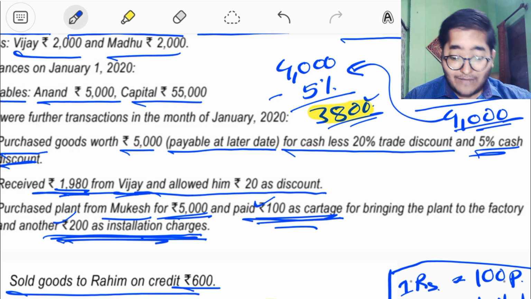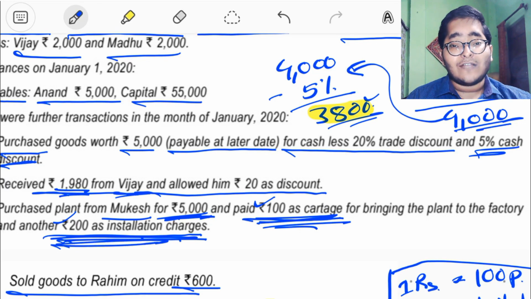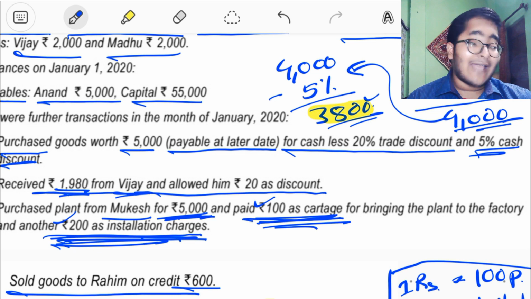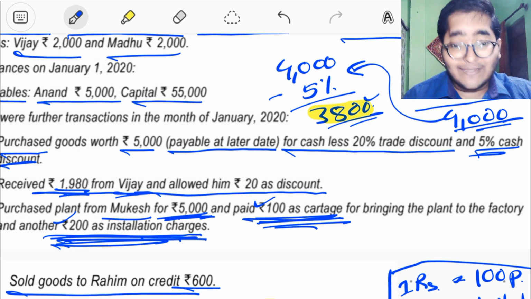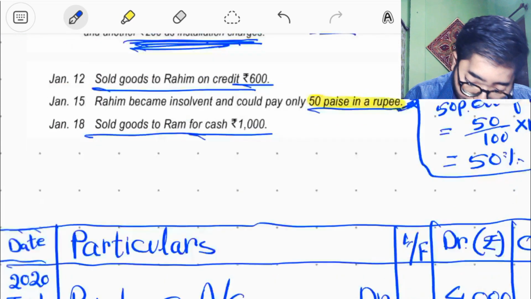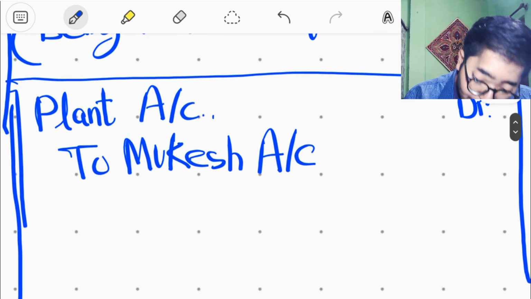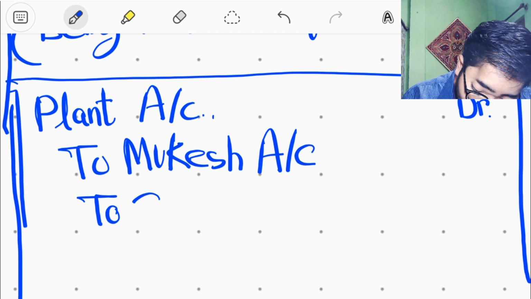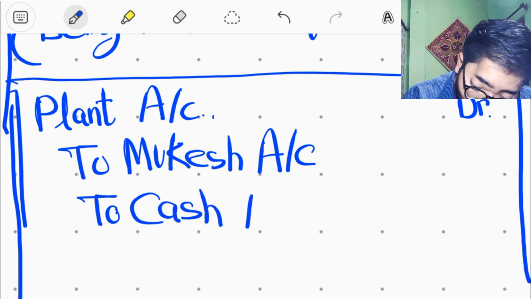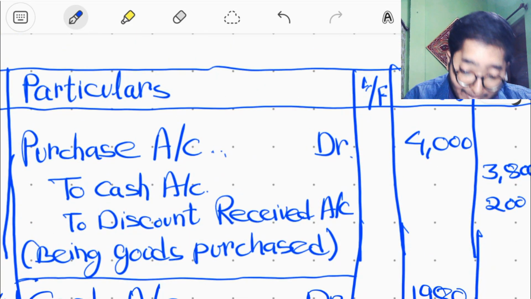The other assumption can be that this rupees 5000 is a creditor, but this rupees 100 as cartage and 200 as the installation charges are paid in cash then and there. At that point, cash is paid. So I am taking the second assumption, and that is why plant account debit to Mukesh account to cash account. Why? Through cash, the installation charges and the cartage are paid.